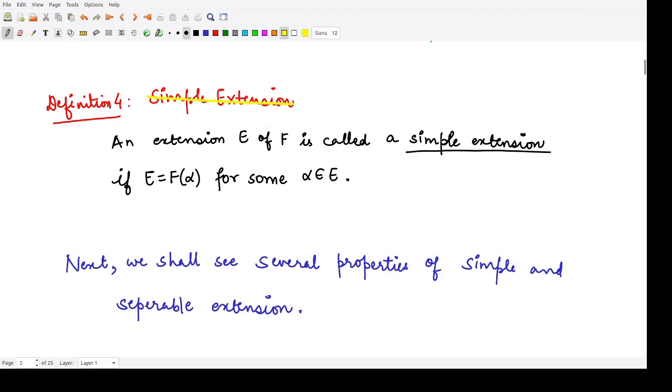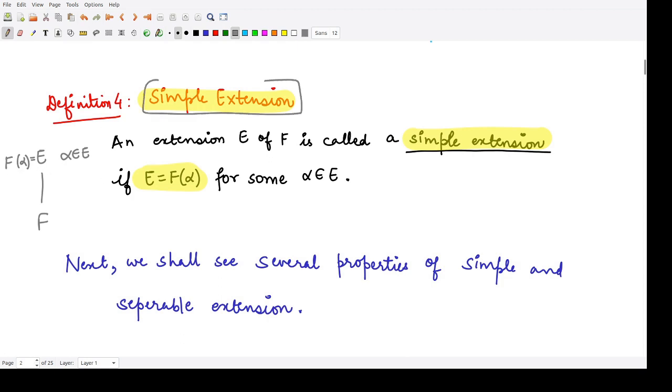An extension E of F is called a simple extension if you can write E as the lower field adjoined with some element alpha, and this element should be present in E. So we have this field F and this field E. If you take an element alpha in the upper field and adjoin it to F, and this is equal to E, then we have a simple extension.